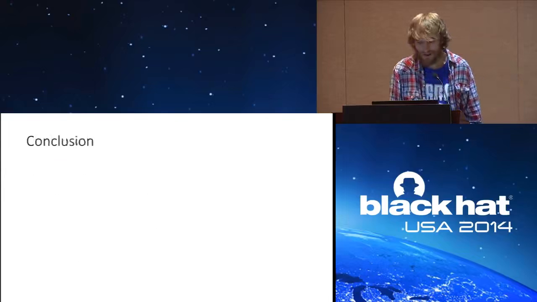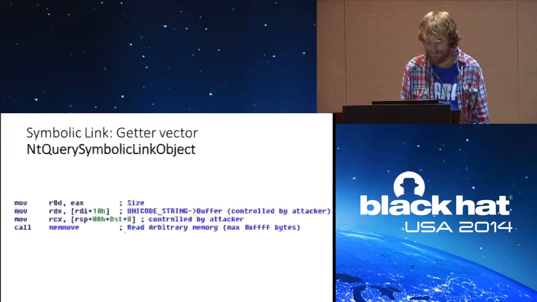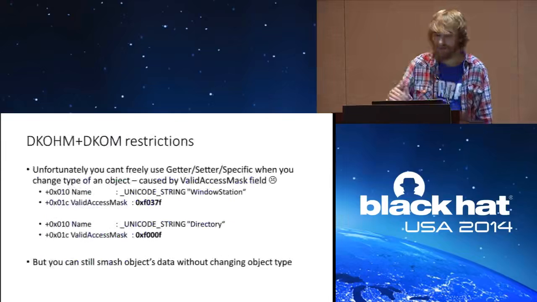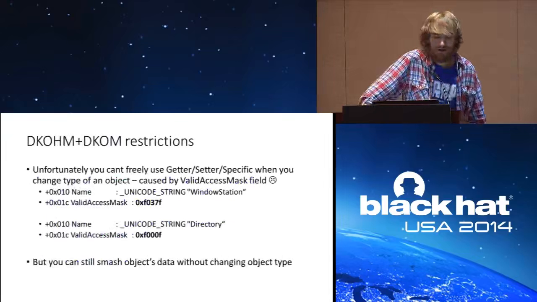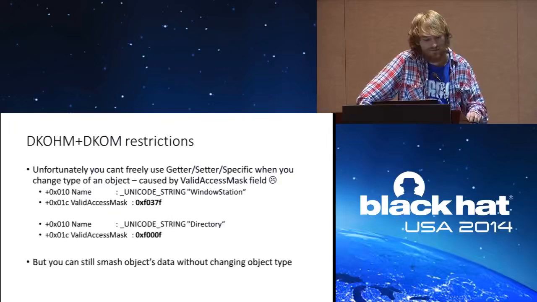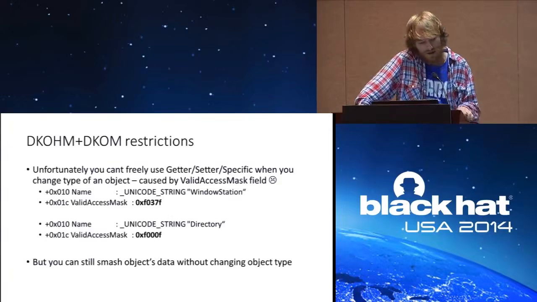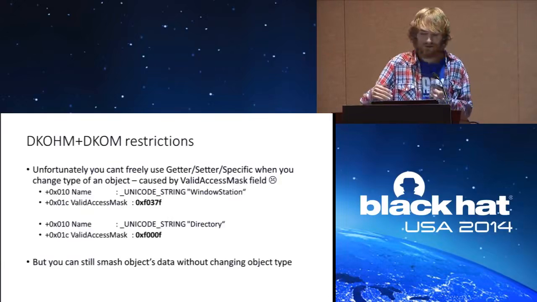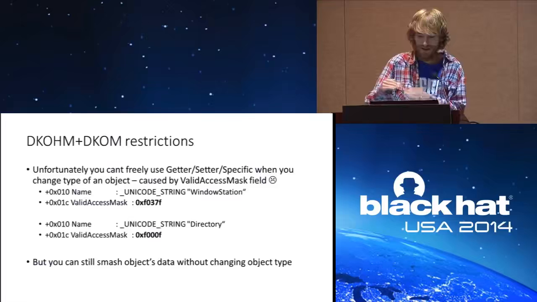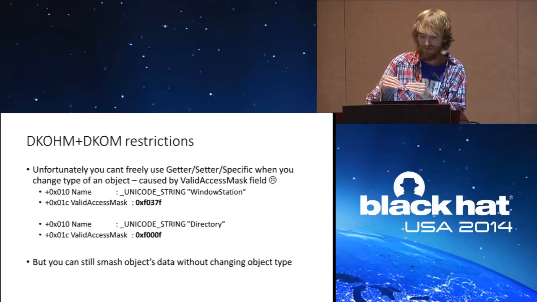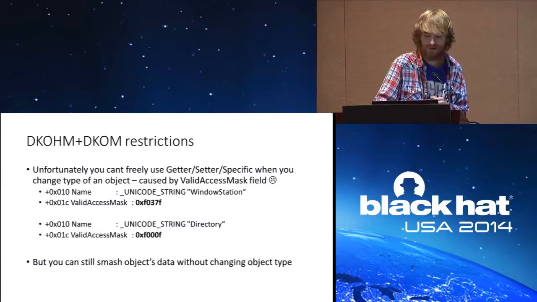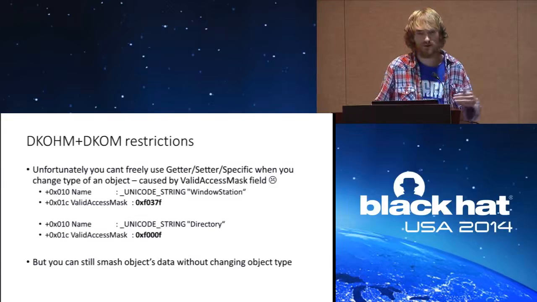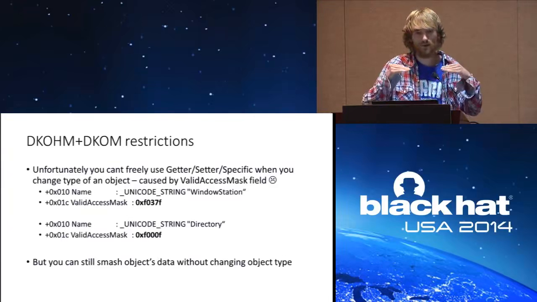Basically, when you use getter and setter, there is code in the kernel that passes a pointer to the object type, and if you smash the object, the kernel will check whether it's a valid access mask for that object, but it was smashed, so it will not be equal.